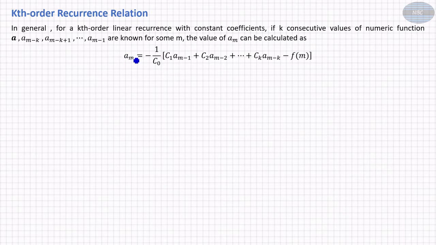So this is the general form of the kth order linear recurrence relation with constant coefficients.